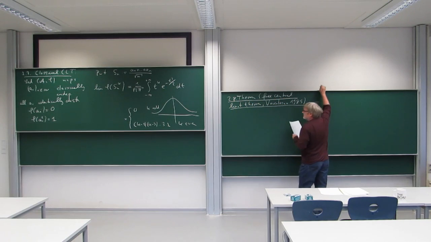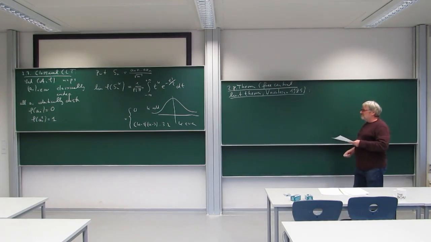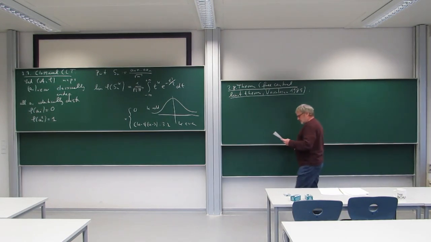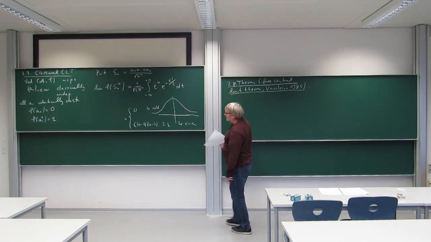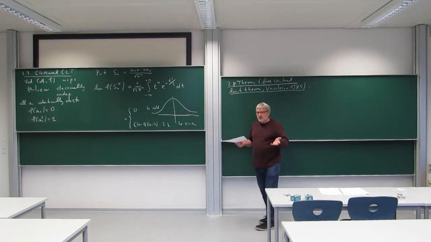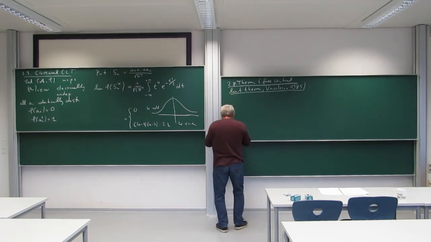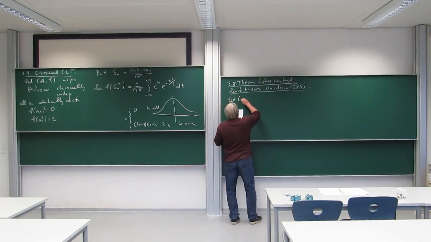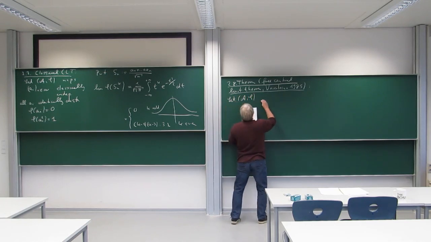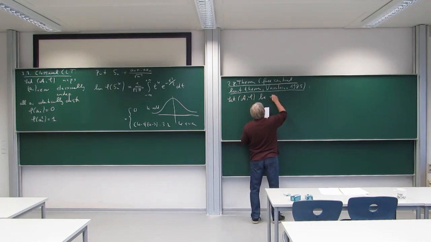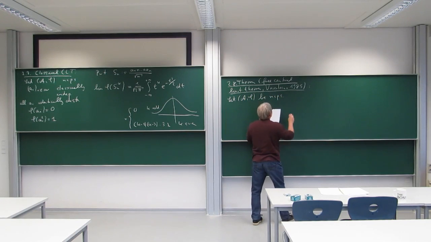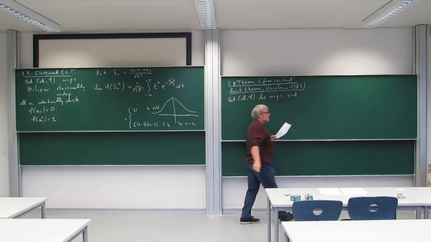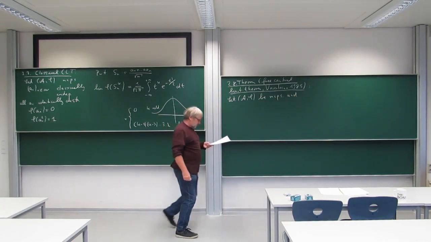Good, so what is the statement? Of course, it is clear what we should do, at least in the assumptions: we should replace independent by free. We have already written the classical version in an algebraic way, so we just essentially replace independent by free. So assume we have a non-commutative probability space, and we have a sequence of random variables.